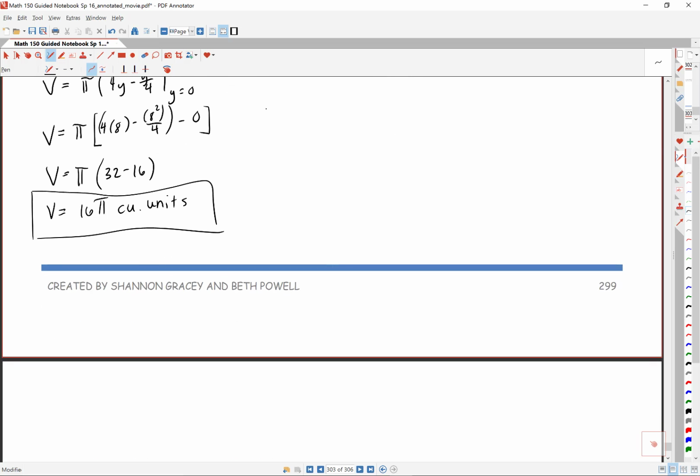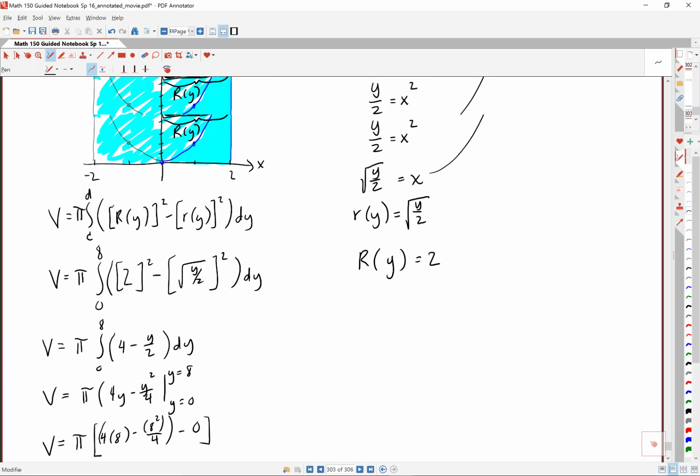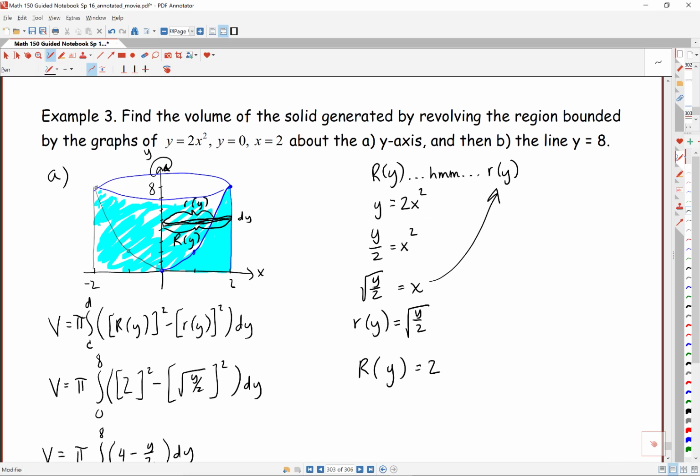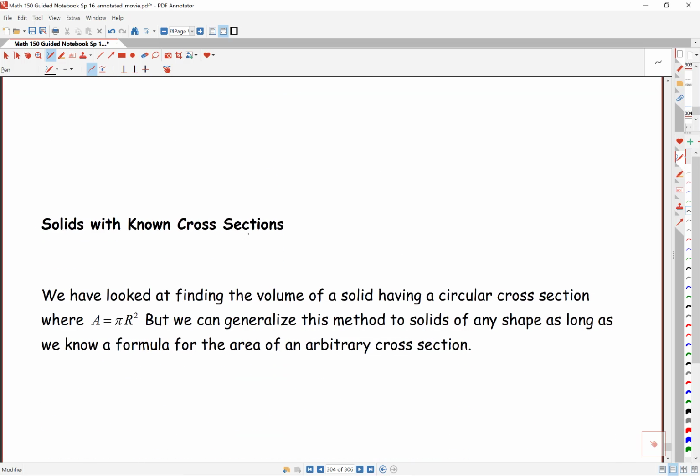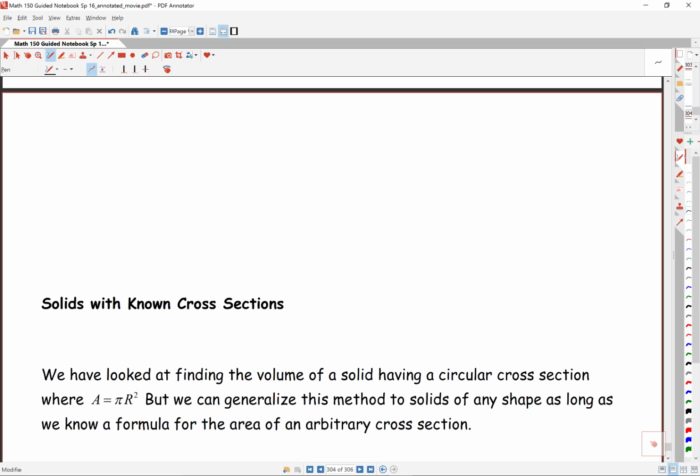The other case, if you recall, was we're going to be now going across, rotating about the horizontal line y equals 8. So now we'll be back in terms of x for everything. So our picture is going to look like something like this.